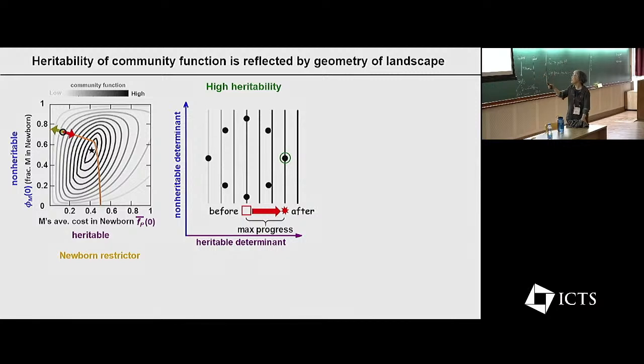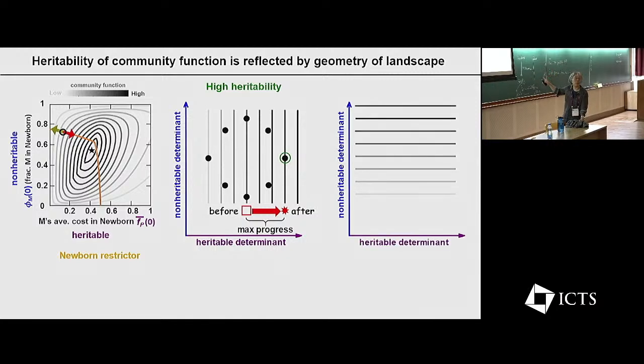Right. So now, if we do it that way, the changes in community function are mainly due to what? I want somebody else to speak, maybe the girl sitting on the other side.